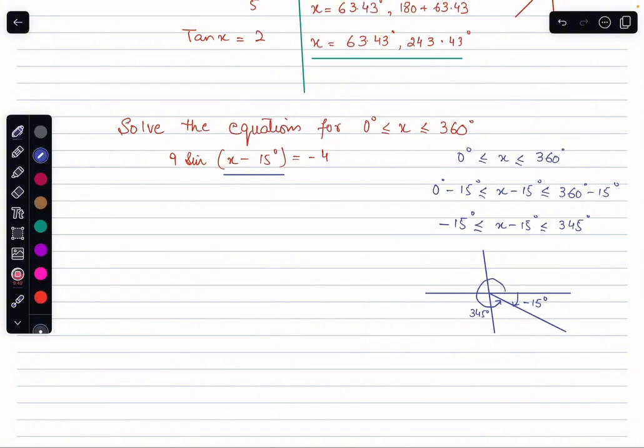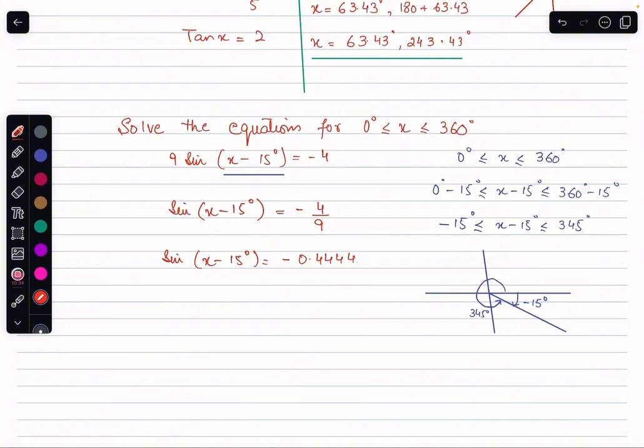To start solving the question, now here I have sine of x minus 15, which shall be equal to negative 4 by 9, or I can say sine of x minus 15 is equal to negative 0.4444.